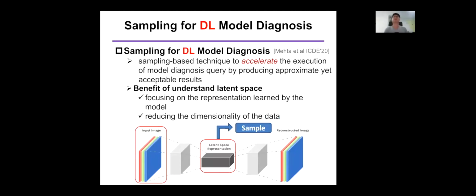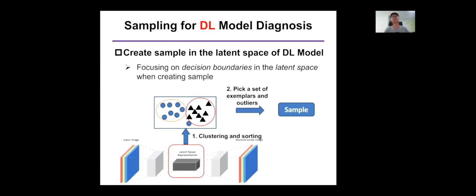And there is also a method called cycling for deep learning model diagnosis. It accelerates the execution of model diagnosis queries by producing approximate yet acceptable results. It focuses on the representation in the latent space, because vectors there can reduce the dimensionality of the data and it will be more efficient.